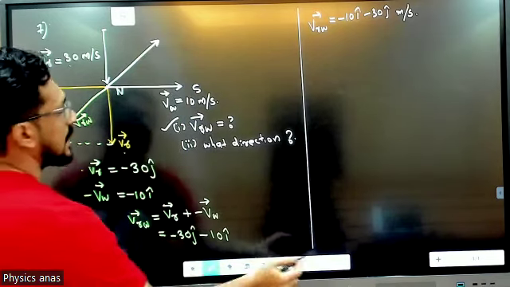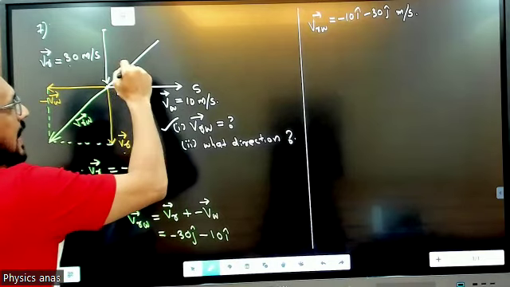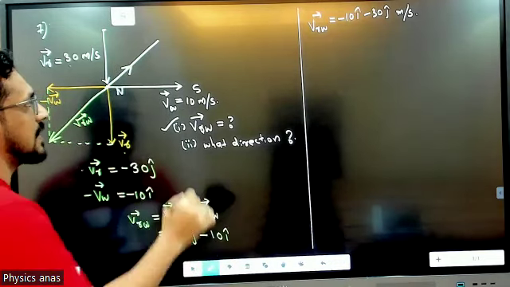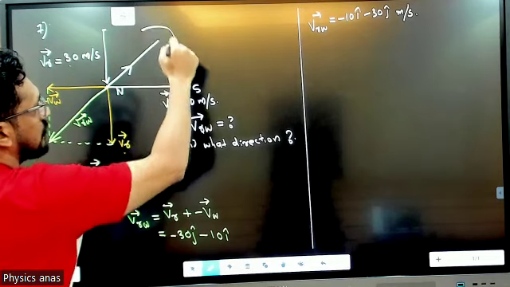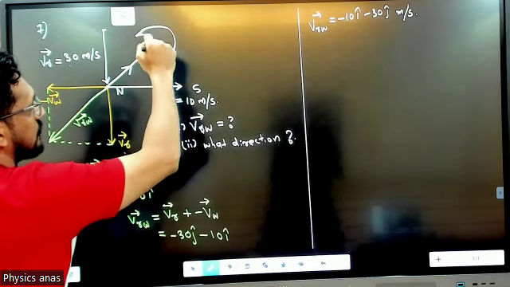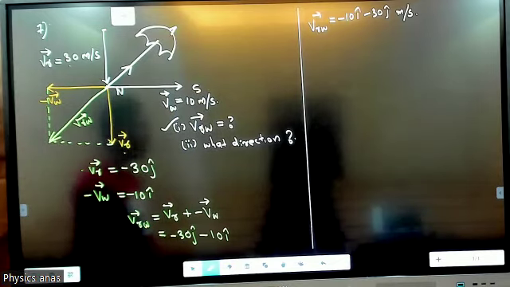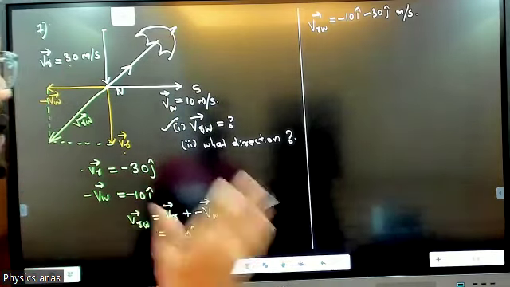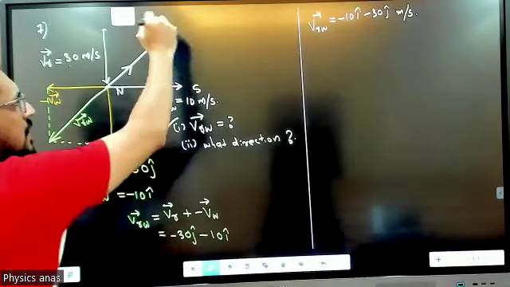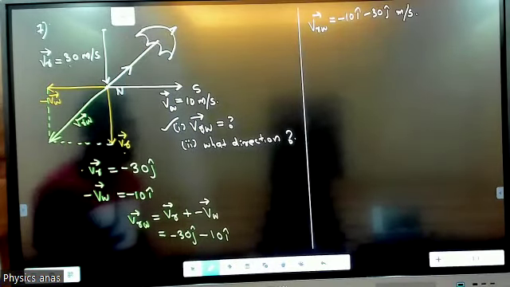I will draw the umbrella here. In order to protect her from the rain, this should be the position of the umbrella.